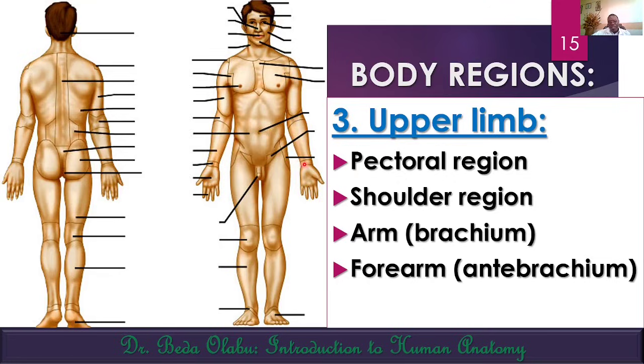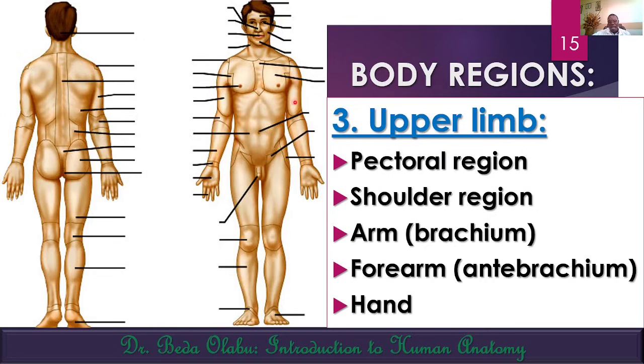Then lastly, from the wrist down, this is what we call the hand. So now today you know what the hand is. Don't call the whole of this the hand, only this is called the hand. This is the forearm, that's the arm.